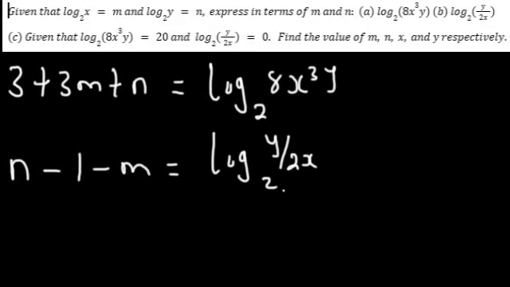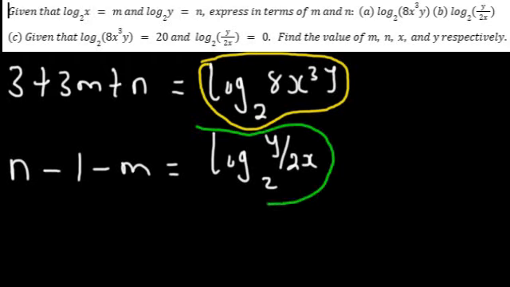Now, the question has made it easier for us. They said we should let log of 8x cubed multiplied by y be equal to 20, and log of y over 2x to the base of 2 be equal to 0.